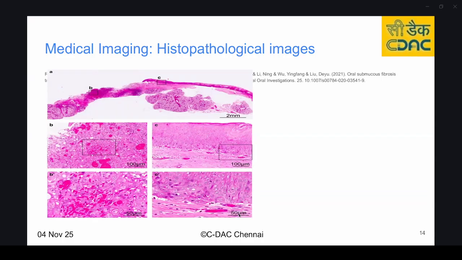So the AI algorithm should be brilliant enough to detect the diseases at 2 millimeter zoom as well as at 100 micrometer or 50 micrometer zoom. So that kind of training is required with multiple zoom images for histopathological images.